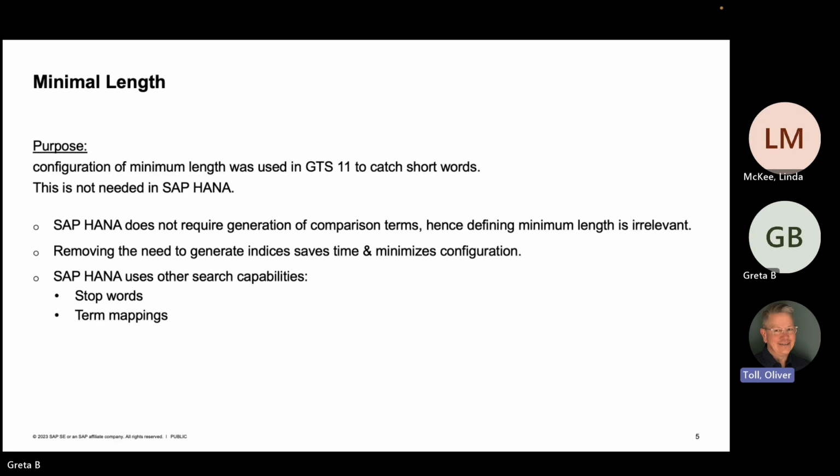The missing minimum length is fully compensated through other SAP HANA Search capabilities, such as stopwords and term mappings, which Greta will talk about in a minute. You may have come across that in some cases, minimum length produces undesirable results, since a minimum length of 3 characters would completely wipe out SPL hits on business partners having a combination of 2-letter words only.